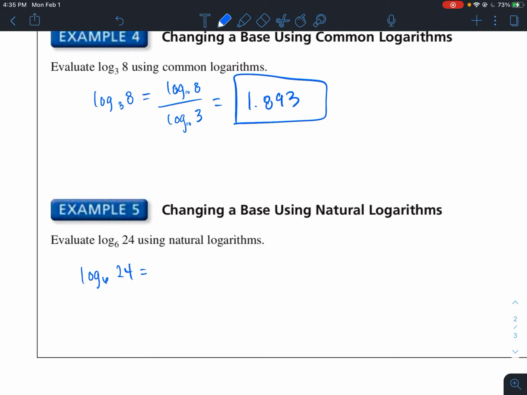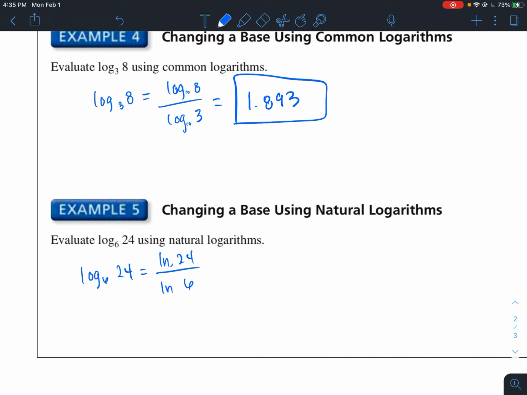So I change this to be the natural log of 24 divided by the natural log of 6. This number goes in the denominator, and this number goes in the numerator. It's pretty easy to remember, right? Just think of this one as the top number, and the base number goes below.